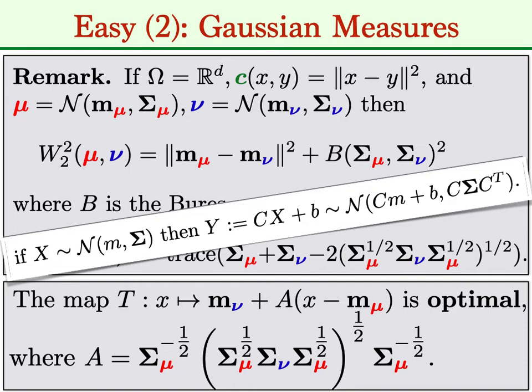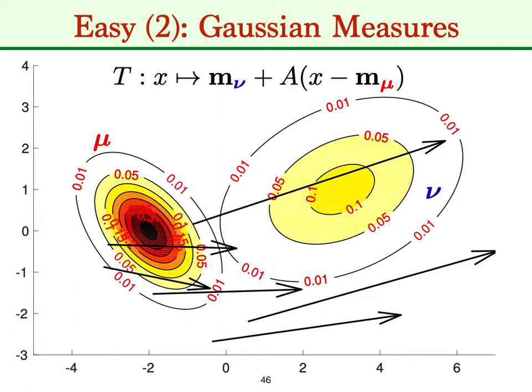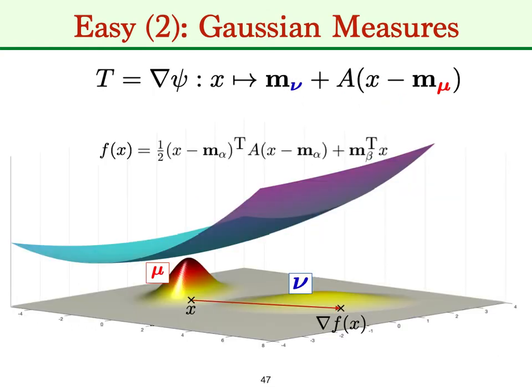And the reason why is that if you look at this map, which takes points, for instance, in the first measure and brings them to the second measure, you can cast it exactly as the gradient of a convex function. So, I'm sorry, please assume the psi above here is an f. So you can write indeed that this affine map is the gradient of f, which is defined as a quadratic form.